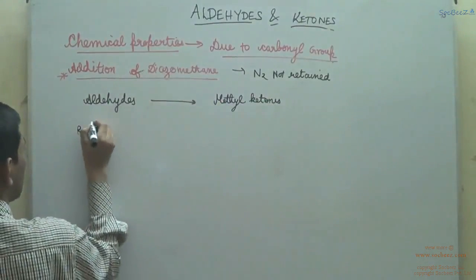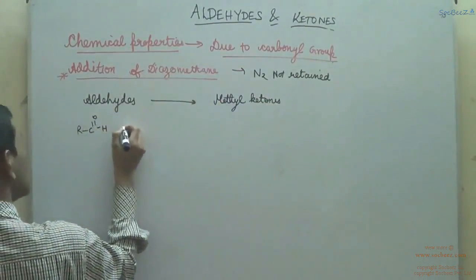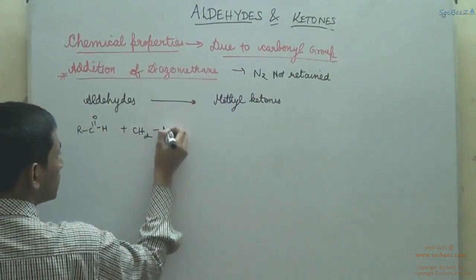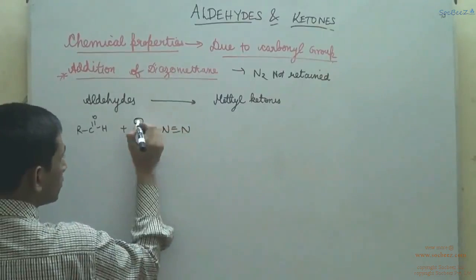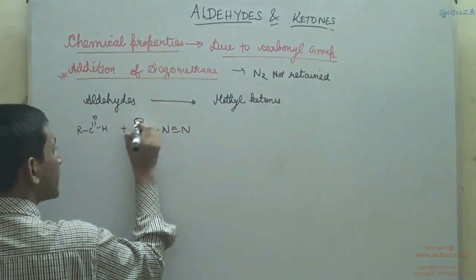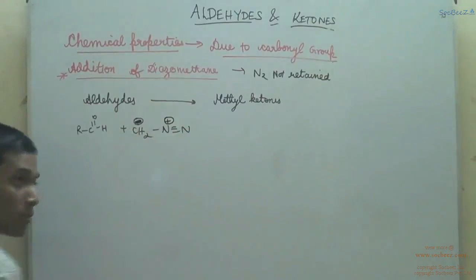So I am taking an aldehyde RC=OH plus this is diazomethane, negative charge on carbon, positive charge on nitrogen.